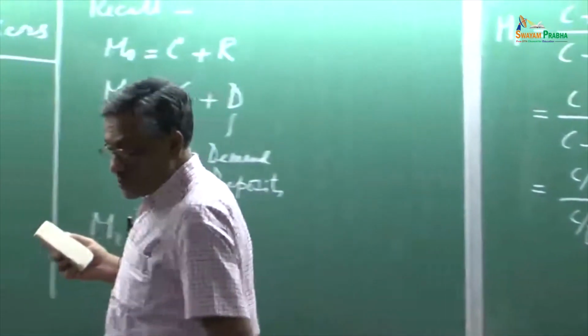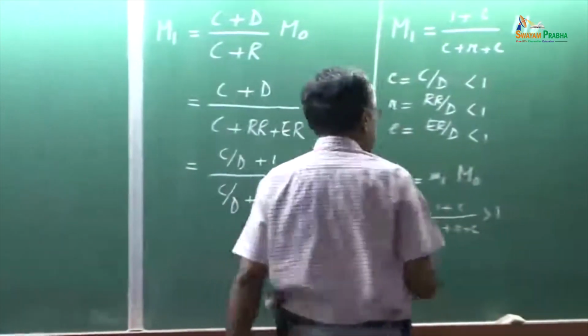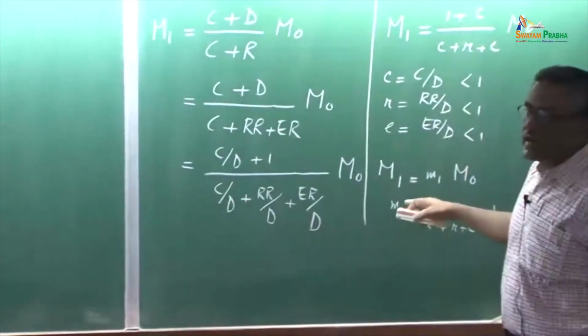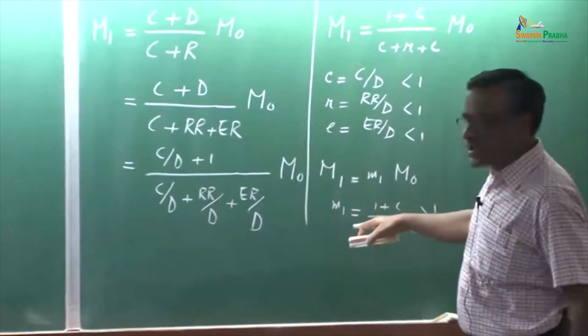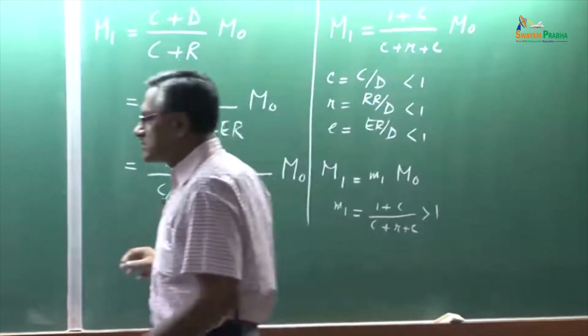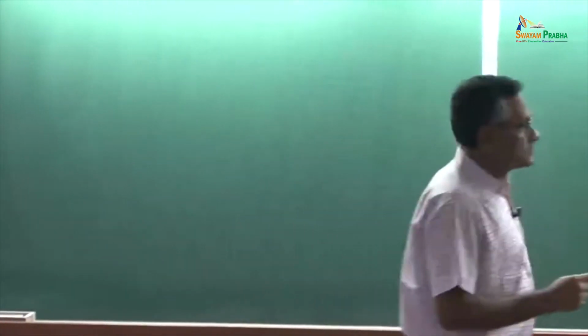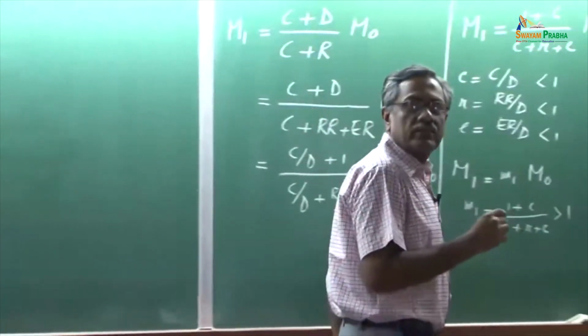Acha, let us go into the complex multiplier. Before I go to the complex multiplier, can anybody tell me how M1 and C, these derivatives would work? I am now going to make your life a little bit more difficult.